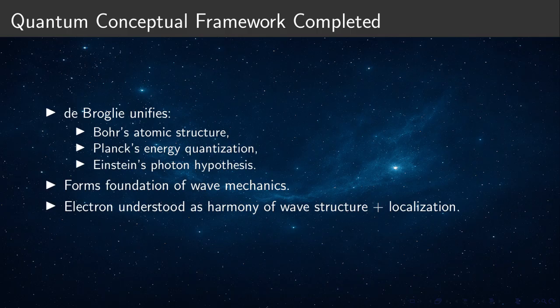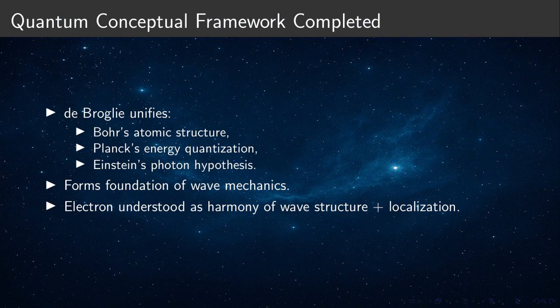Completion of the quantum conceptual framework. De Broglie's matter wave hypothesis completes the conceptual transition initiated by Planck and Einstein. It unifies Bohr's atomic structure, Planck's energy quantization, and Einstein's photon hypothesis into a single coherent framework.